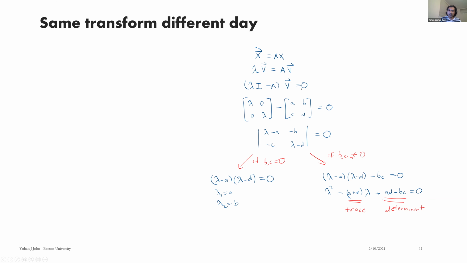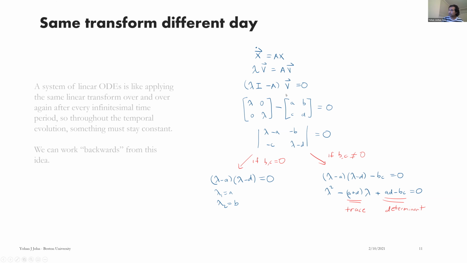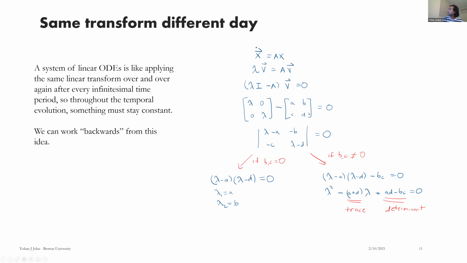And with a little juggling involving the identity matrix, you can solve this. And in this very simple case where the off-diagonal terms are 0, your eigenvalues are just the two exponential growth rates or decay rates. That's what they are. So the eigenvalue in some sense tells you what the step size is as you move in continuous time.